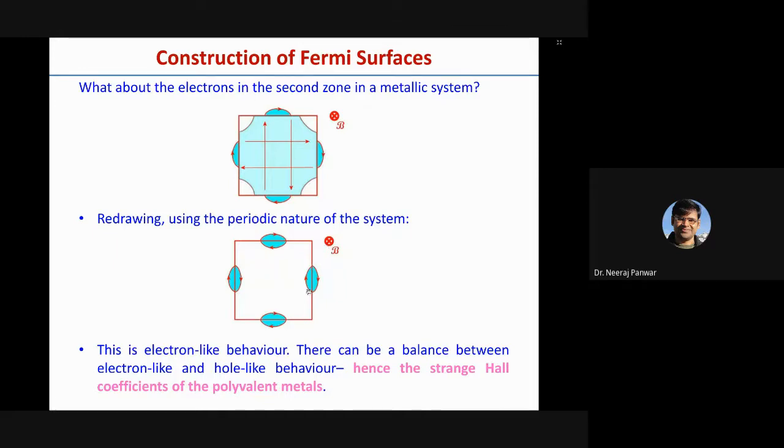This is electron-like behavior, and if the electron is here, it will show hole-like behavior, and the corresponding orbit will be known as the hole orbit. Therefore, there can be a balance between the electron-like and hole-like behavior, and hence we get strange Hall coefficients for polyvalent metals.